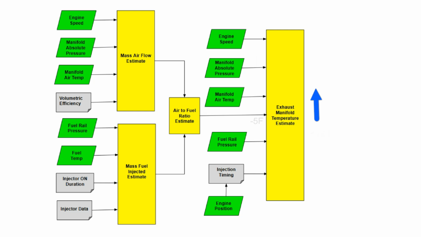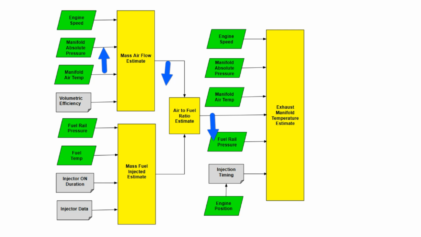Looking at manifold air temperature, as manifold air temperature increases, assuming nothing else changes, the direct manifold air temperature input to the exhaust temperature model causes the calculated exhaust temperature to also increase, indicating that exhaust temperature is directly proportional to manifold air temperature. Additionally, as the manifold air temperature increases, the mass airflow rate decreases, which causes the air-fuel ratio to also decrease.